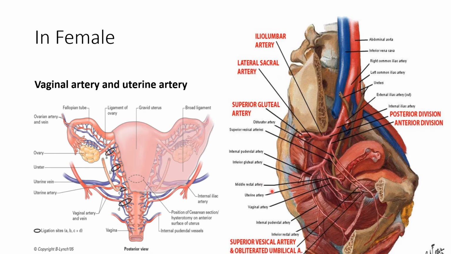Here you can see the uterine artery, and this one is the vaginal artery. Both the uterine and vaginal arteries are branches of the anterior division of the internal iliac artery.